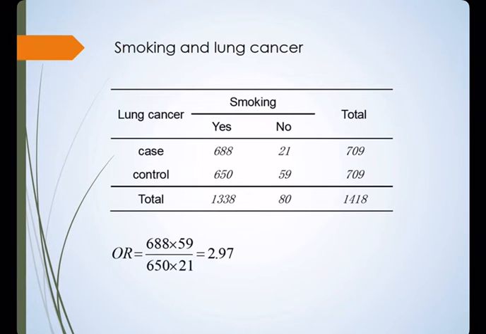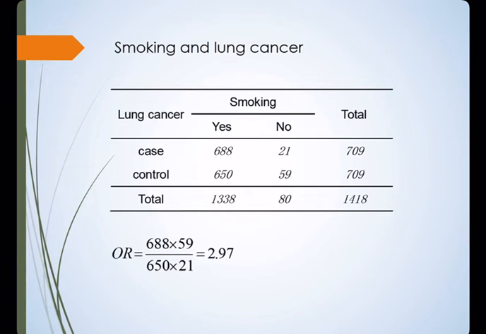So the odds ratio can be interpreted in two ways. We could say that the odds of smoking are 3 times greater among those with lung cancer compared to those without lung cancer. This interpretation is based on a comparison of the exposure odds of the case group and control group.